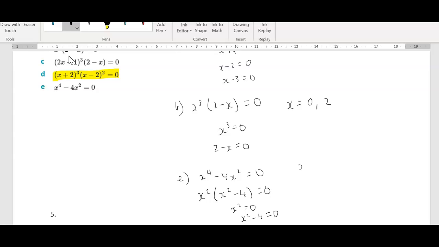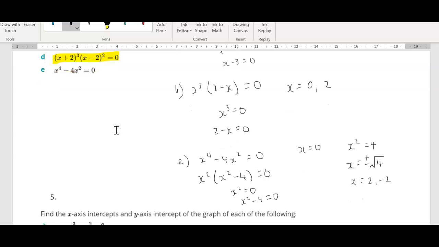So we're going to have x equals 0. Now the second one, x squared minus 4 equals 0, we're going to have x squared equals 4. So x equals plus or minus the square root of 4. So x equals 2 or negative 2. So we've got 0, 2 and negative 2 for question E.